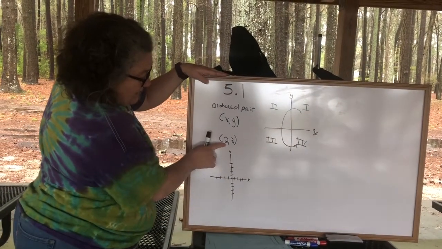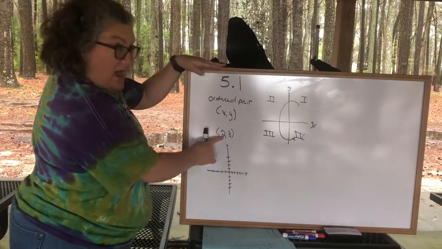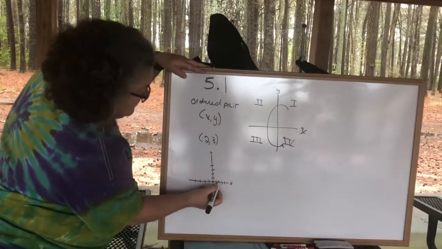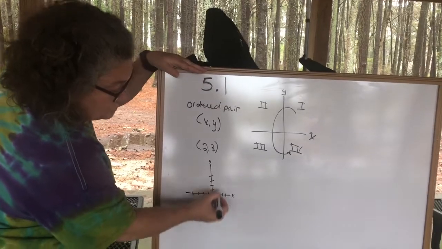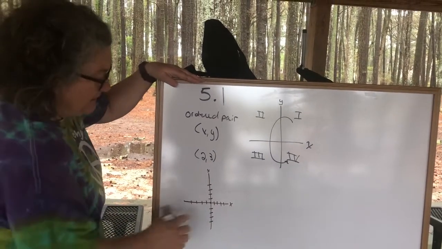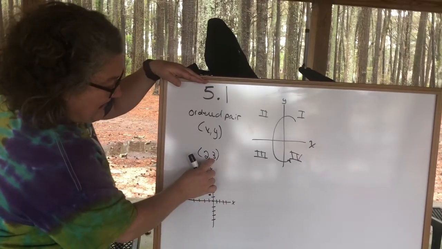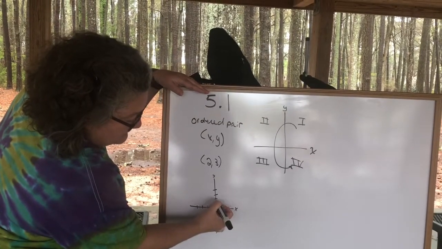To graph this, I start at (0, 0) and go over in the positive direction on the x-axis 2 places. That would be 1, 2. Now I don't drop the point there, because that's just telling me that I'm on this street or avenue, 2nd Avenue, somewhere along that second line up and down. Now I need to go on the y-axis to +3. So I go up 3: 1, 2, 3.